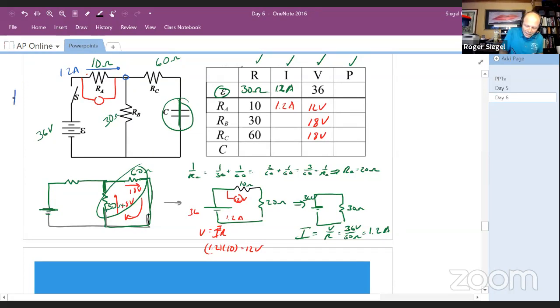And so I is equal to V over R. Okay, and so we have 18 volts, and let's put that over 30 ohms. And you can see that 6 goes into 18 3 times, and so that's 3/5 or 0.6.